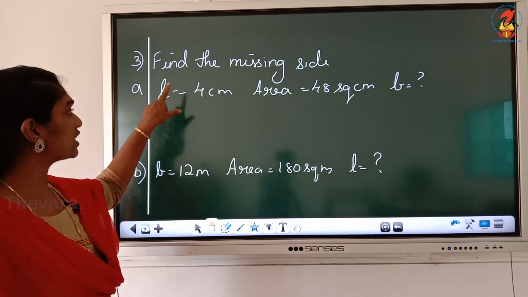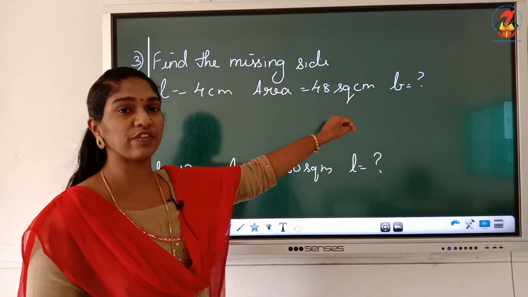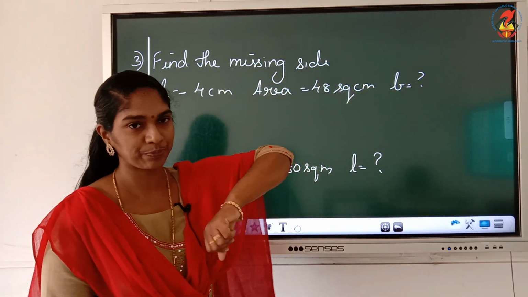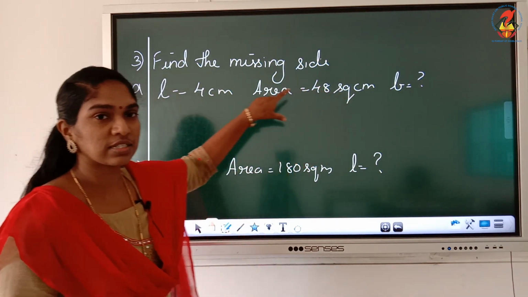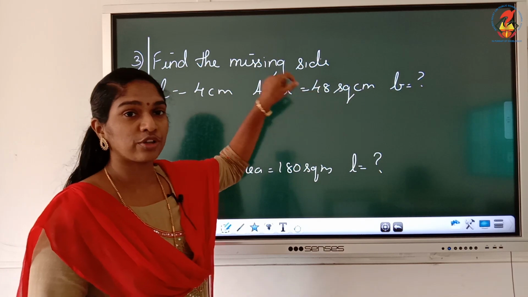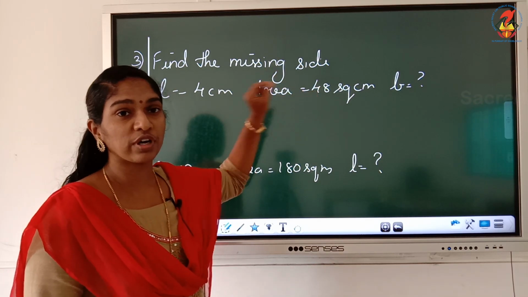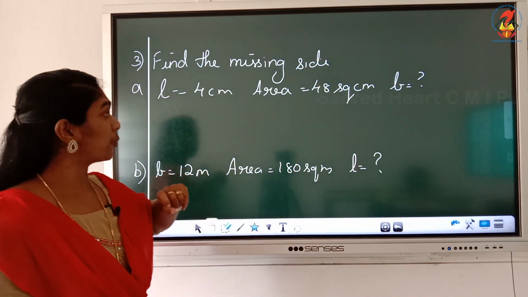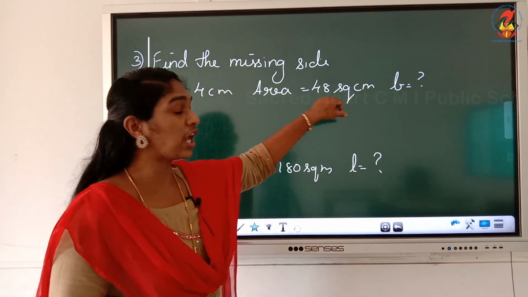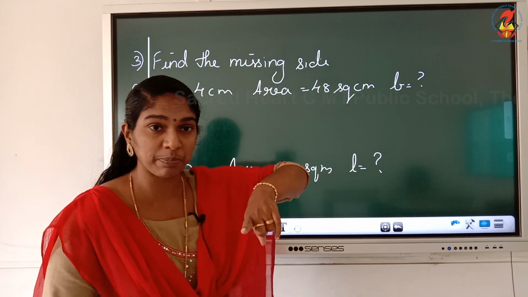Here, you can see the length is given to you and the area is given to you. You have to find out the breadth. That means, what is understood from this? This is the area of a rectangle, right? Because the length and breadth is given to you. So, when the length and breadth is given, how do we find out the area? We multiply, right?